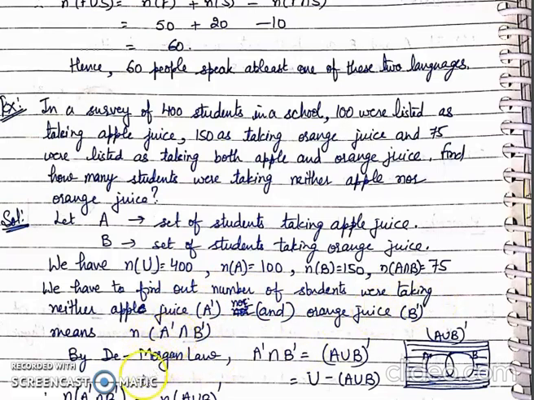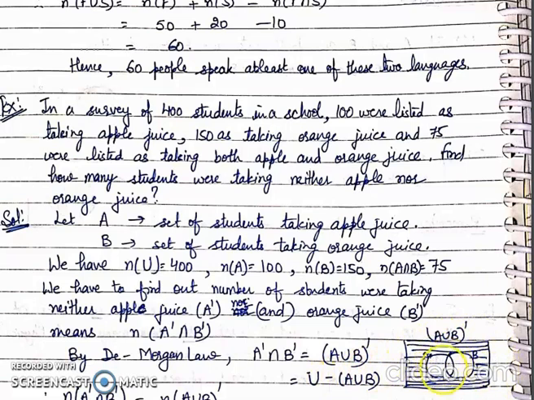Now, remember De Morgan's law? When we study the complement of a set, there we use De Morgan's law. According to that law, A complement intersection B complement is equal to (A union B) whole complement, because in the complement, union changes to intersection and intersection changes to union. And (A union B) whole complement is the universal set minus A union B. You can verify this with the Venn diagram.